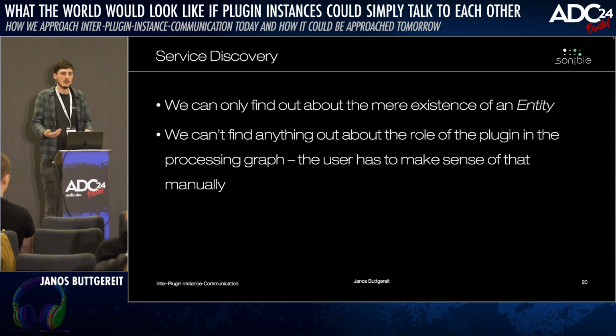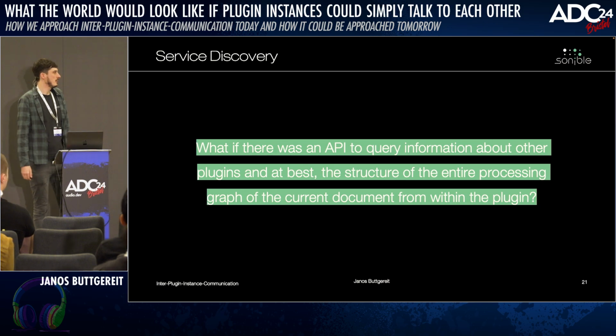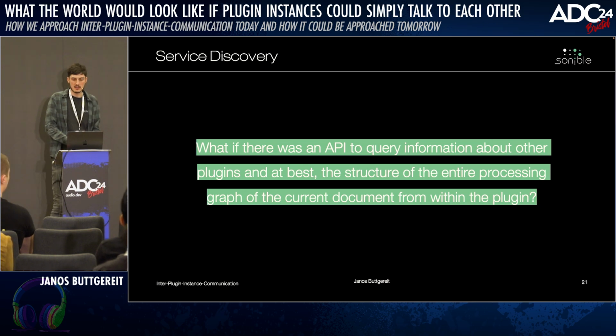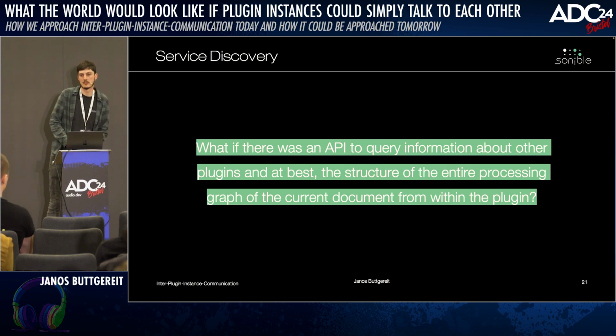And we can think of, okay, something being scaled by a volume fader could also imply other algorithmic decisions for us than just having the levels as they arrive at the plugin, etc. So what if there was an API to query that information about other plugins and at best the structure of the entire processing graph from within a plugin? This would be just so great for us.